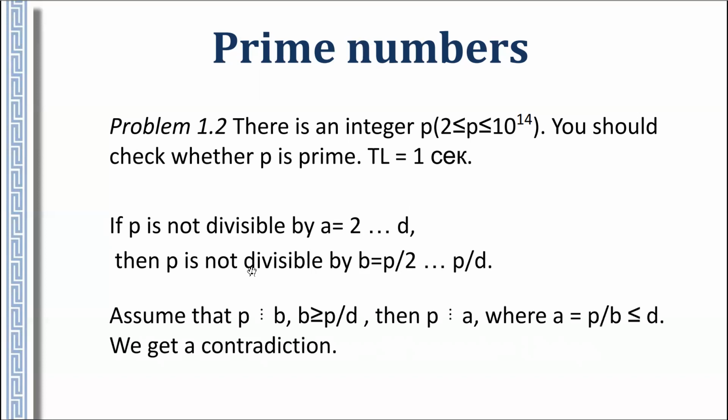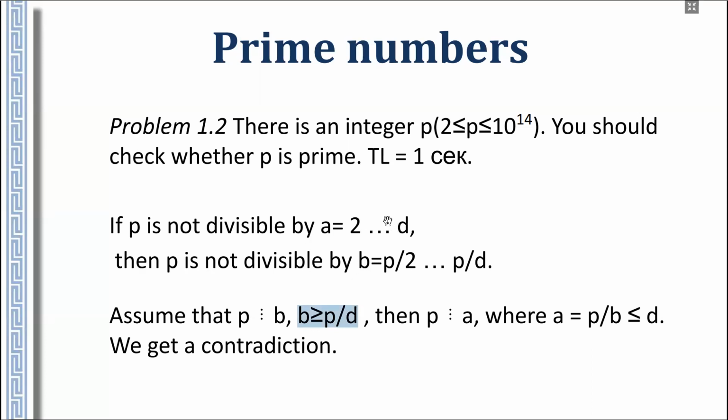Why is it so? Because if, for example, p is divisible by a number b, and b is bigger than p over d, then there should be a pair number a, such that b times a is p. In that case, a is p over b, because a times b is p, and it should be less than d because of this condition.